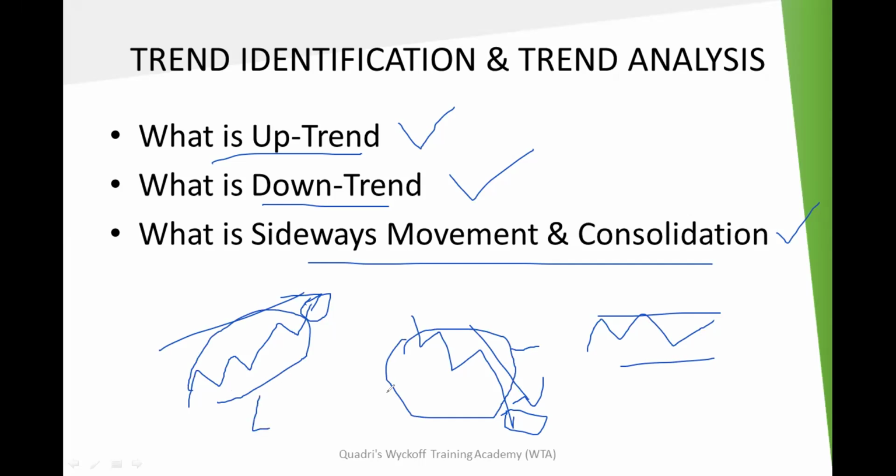Either you go for a long or a short opportunity, depending upon whether the market trend is going upwards or downwards. Most people have their own different ways to identify and define a sideways market or consolidation phase.